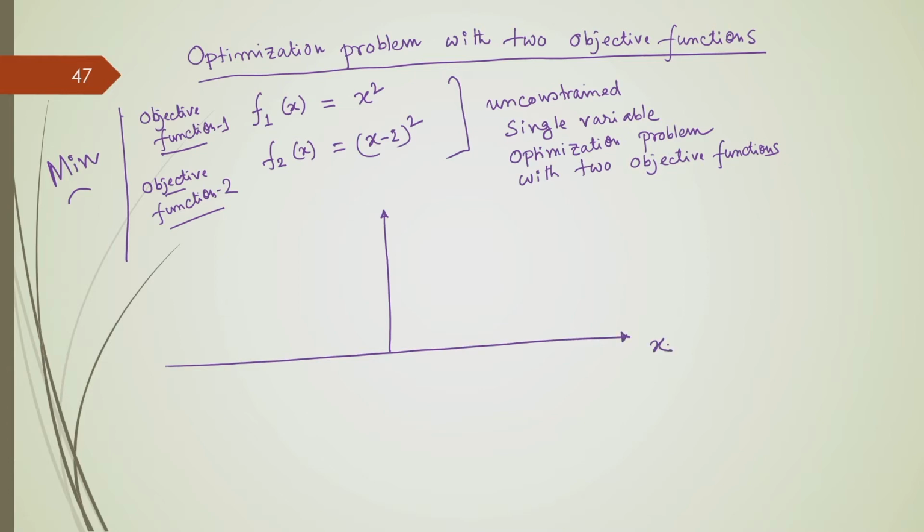This is x starting from 0 to infinity, and in this direction, this is negative. Now, this one is suppose f1(x). If we plot f1(x) with respect to x, how would this plot look? This plot would be something like this.